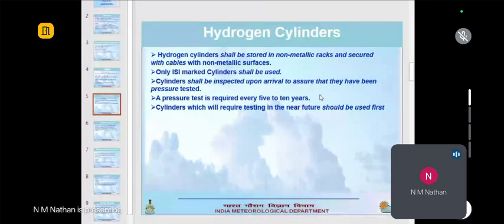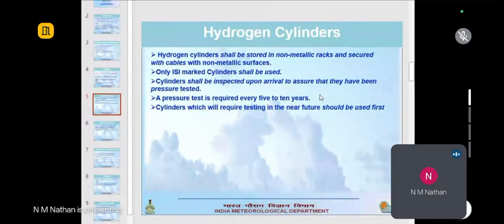Okay, and the cylinders we have to use are ISI-make cylinders only, and the cylinder should be tested with a pressure test at least once in 5 years or once in 10 years.